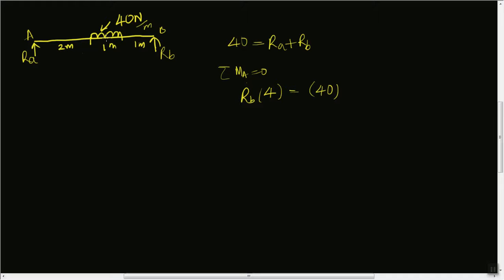So the distance from here to the point A is 2.5. So our RB will become 25 newtons. If RB is 25, RA must be 15 using this equation.